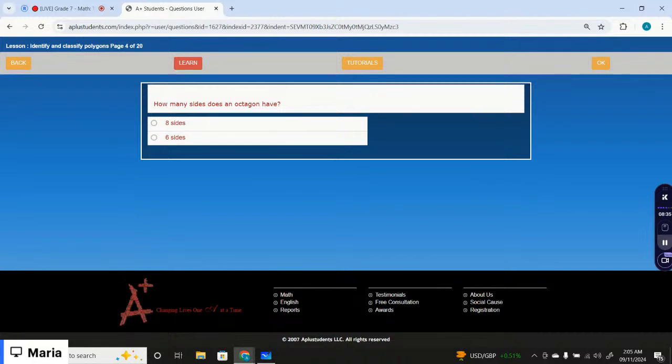How many sides does an octagon have? So, which is the correct option? Octa means eight, right? So, the octagon has eight sides. The correct option is eight sides. Option number one is the correct option.